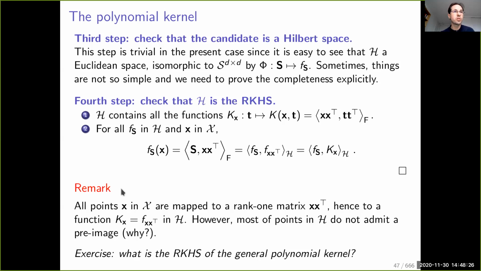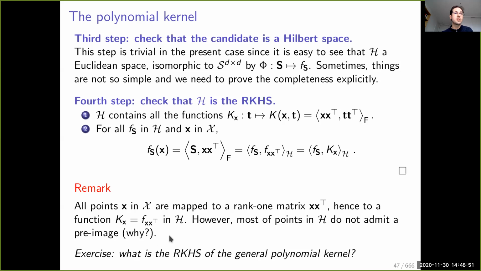So there is an important remark here, which is that all points x in the original set are mapped to a rank 1 matrix x x transpose, which is this function kx that we call f_{x x transpose} in the definition of this Hilbert space. But the remark is that most of the points in H do not admit a pre-image.